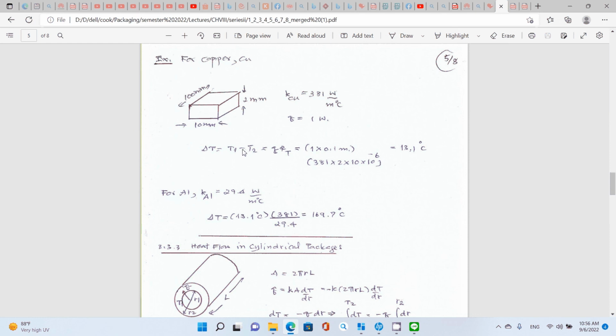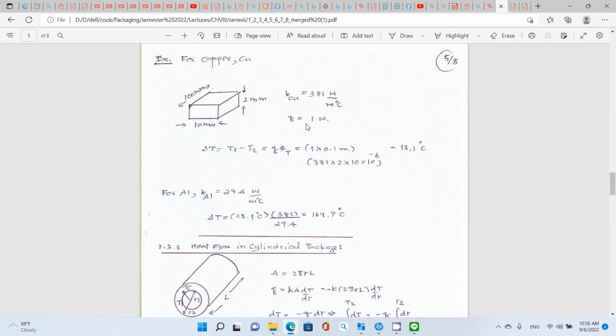You can apply delta T equal to QRT. You need to work out RT, and RT equal to L over KA, right? For copper, you can look at the table in the book. KCu, or the thermal conductivity of copper, is equal to 381 watts per meter degree Celsius.